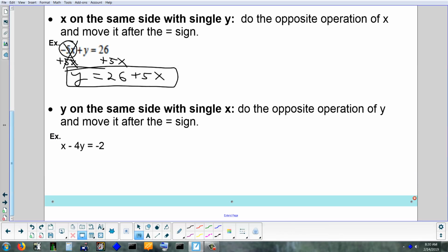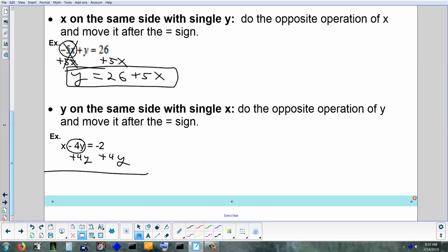All right, so on the left-hand side, what's preventing the x from being by itself? What's there that we don't want? Gigi? The negative 4y. So what's the opposite operation of negative 4y? Plus 4y, yep. Plus 4y, plus 4y.